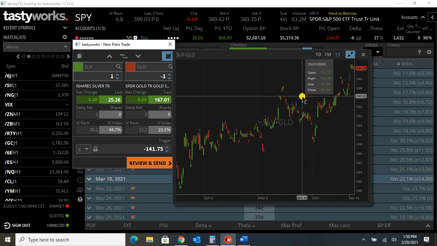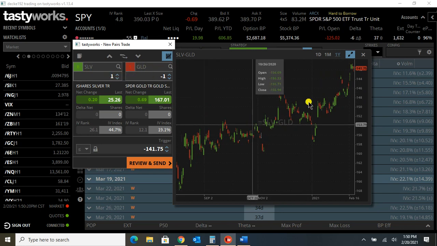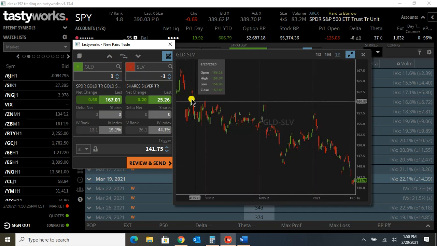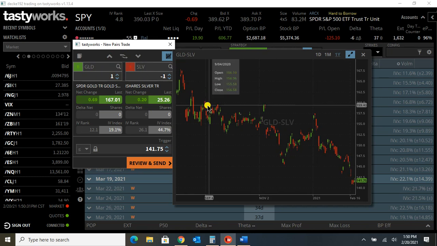If I think that trend is going to continue, I would put on this pairs trade where I buy silver and sell gold, hoping that silver continues to outperform gold. If I think this trend is going to reverse, then I would do the opposite, where I would buy gold and sell silver.